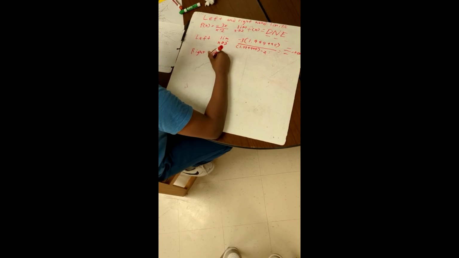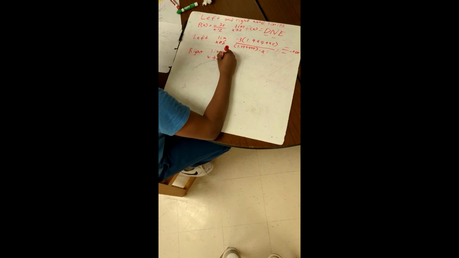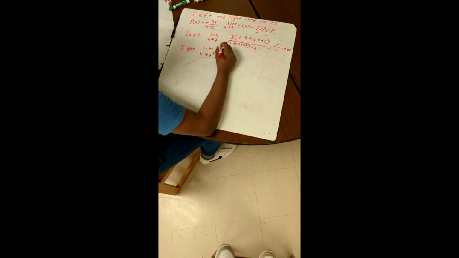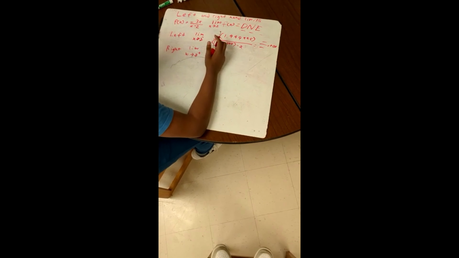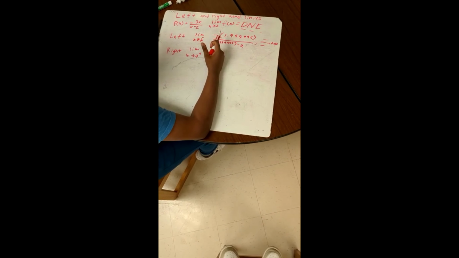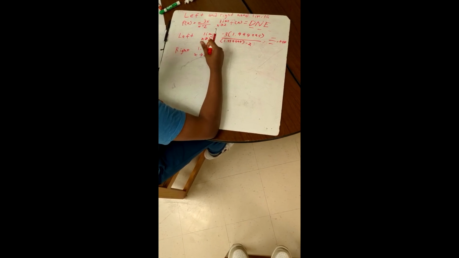Limit as x approaches 2 from the right. We have to find a number that's infinitely close to 2 that's greater than 2.